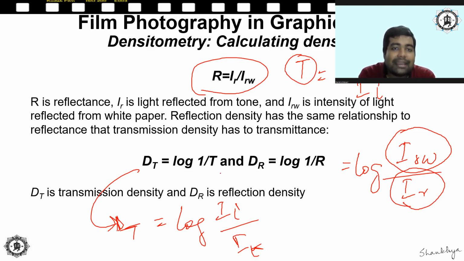So this is how we mathematically deduce and calculate the optical density, either reflection type density or transmission type density, of any image, or any printed patch or film for that matter. Alright, I hope this is clear.